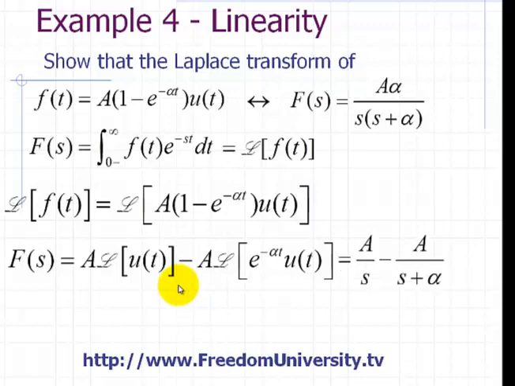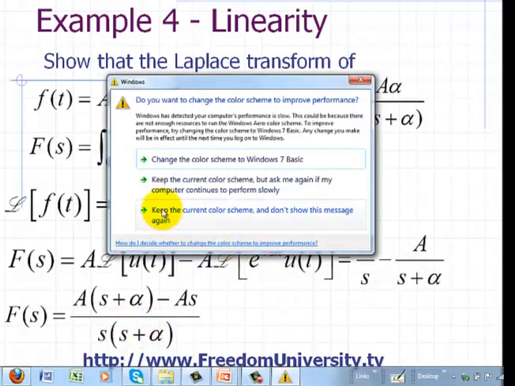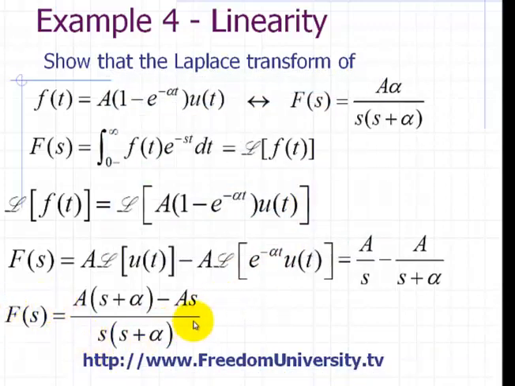So the Laplace transform of a step is 1 over s multiplied by a, and the Laplace transform of an exponential is 1 over s plus alpha scaled by a, and there's a minus sign in front of it. And when we put it over the common denominator, s multiplied by s plus alpha, we have a times the quantity s plus alpha minus s.